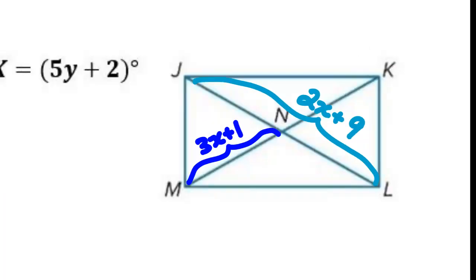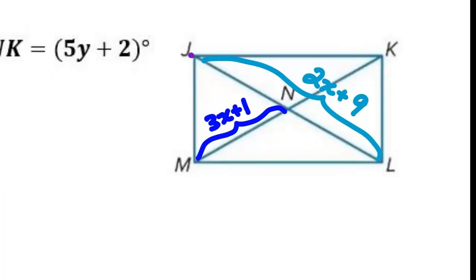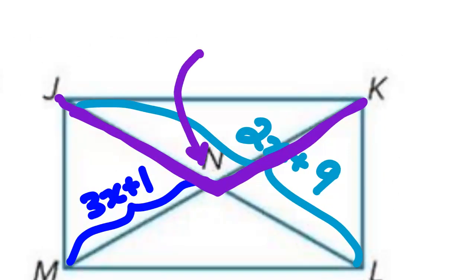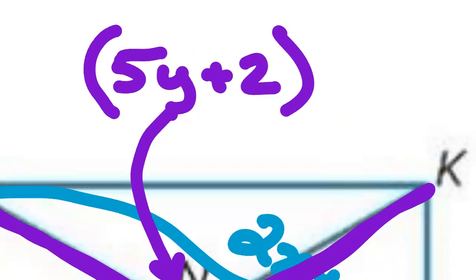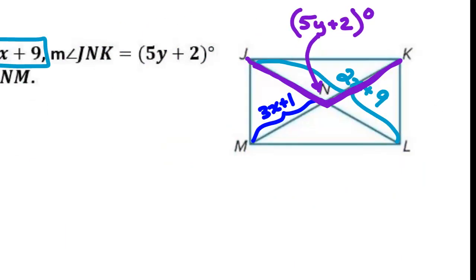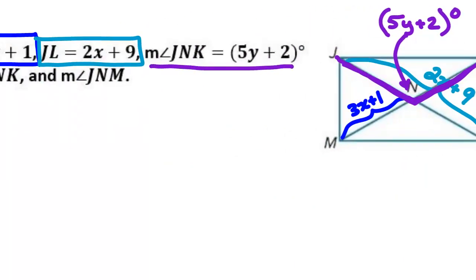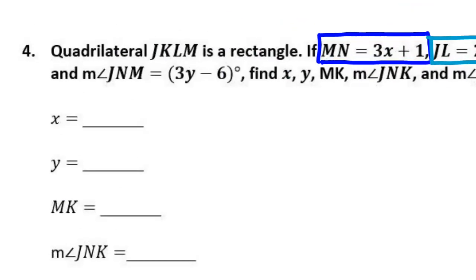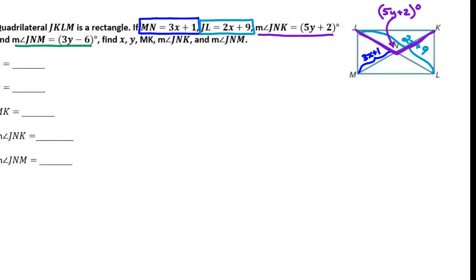The measure of angle JNK, this angle right here, is 5y plus 2 degrees. And the measure of angle JNM is 3y minus 6 degrees.